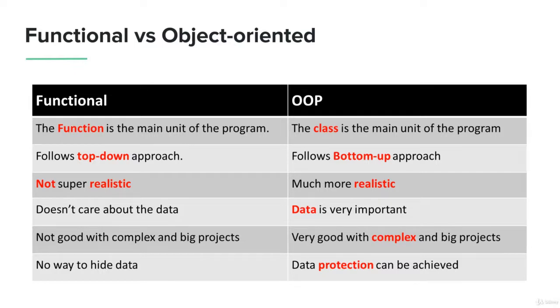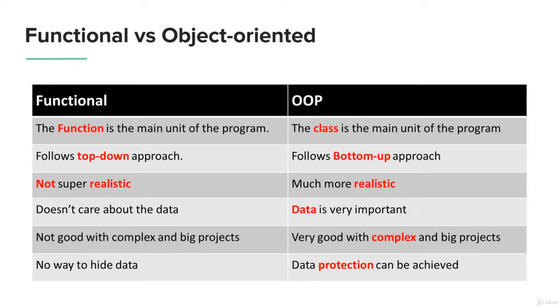We start from the cell, because the cell is the main unit of your body, and then these cells together form something that is more complex, and so on and so forth, until you have your whole body. So this is a difference between object-oriented programming and functional programming. You can imagine that the function is your arm, or your head, or your eyes, and so on. And for the object-oriented programming, you can see the class as your cell.